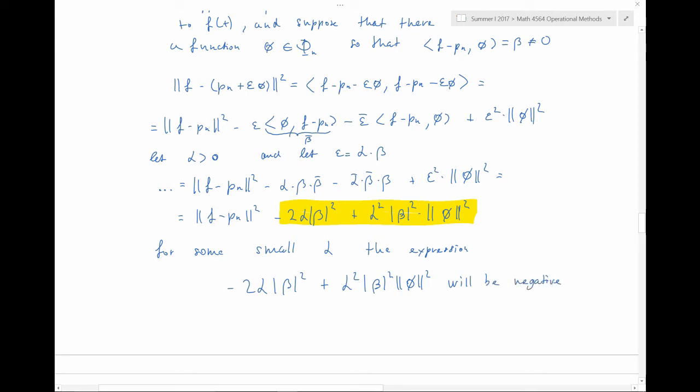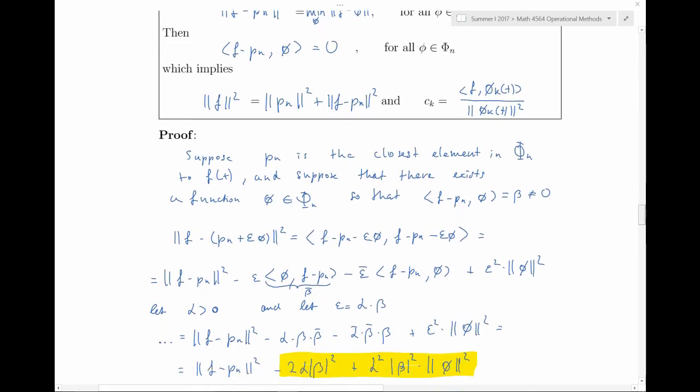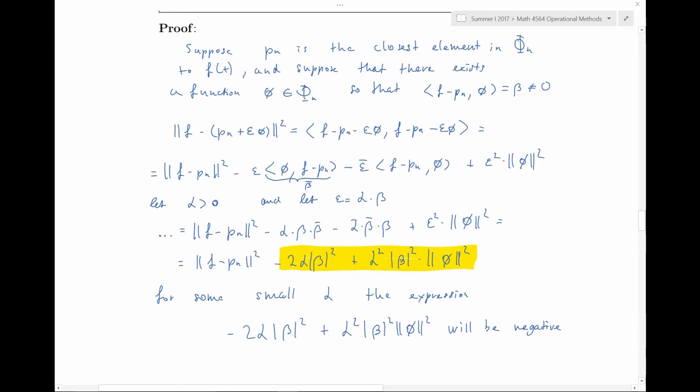And therefore, for some value of epsilon, P_n plus epsilon phi is going to give us a better approximation because the norm of this difference is going to be smaller. Let me repeat it again.